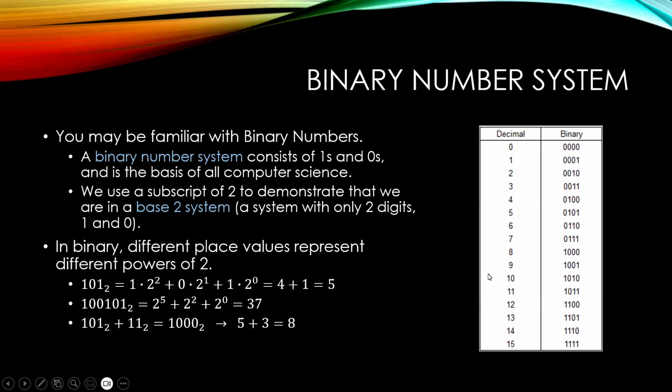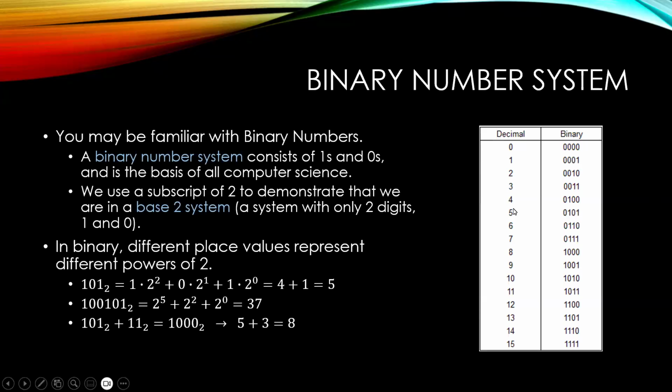Our decimal values can be written in binary form. In binary, different place values represent different powers of 2. And so 101 in a base 2 system would be 1 times 2 squared plus 0 times 2 to the first plus 1 times 2 to the 0, which would be 4 plus 1, which is 5.